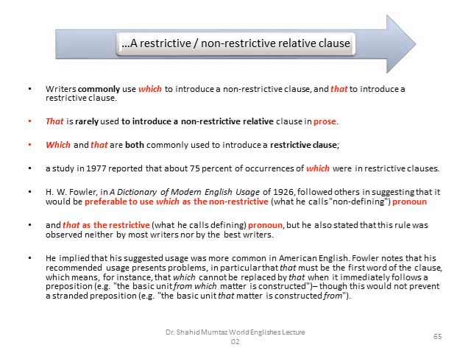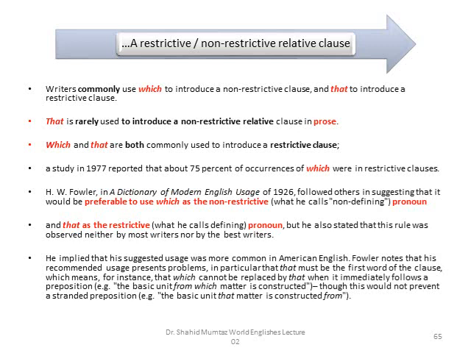A study in 1977 reported that about 75% of occurrences of which were in restrictive clauses. So which was used in restrictive clauses 75% of the time, according to a study from 1977, more than 40 years ago.